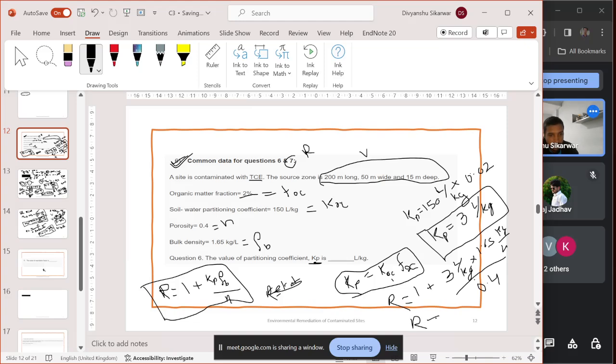What will be the R value? 1 plus, solve this value. 1.3 into 1.65.